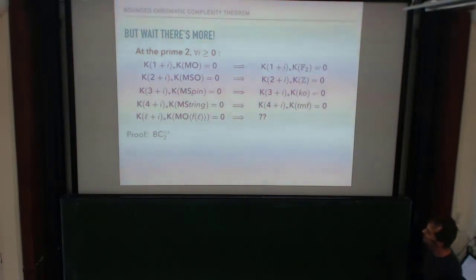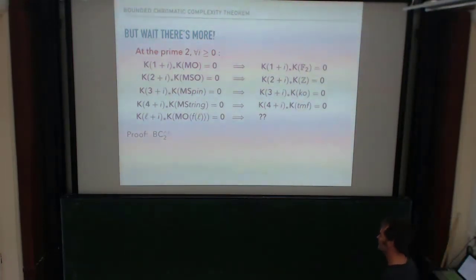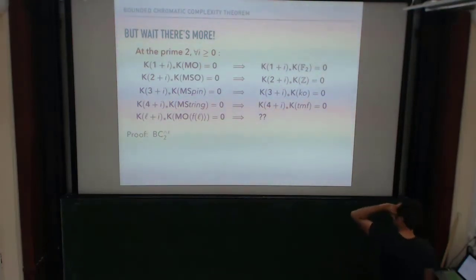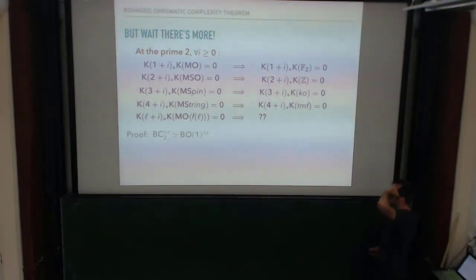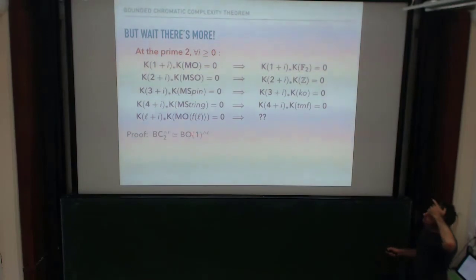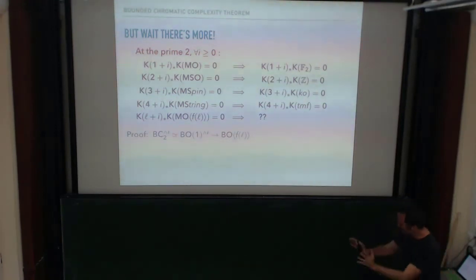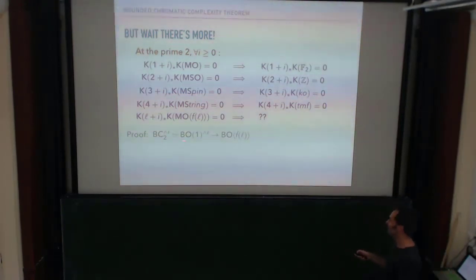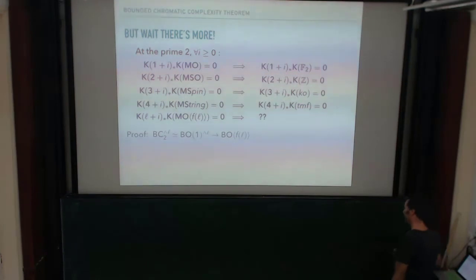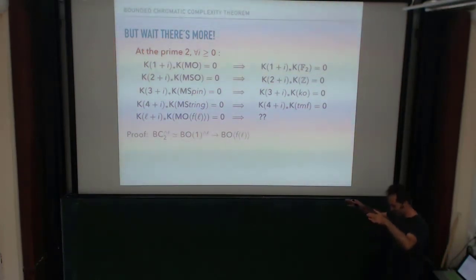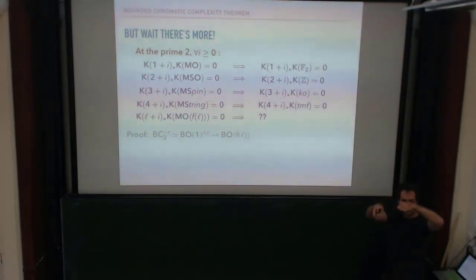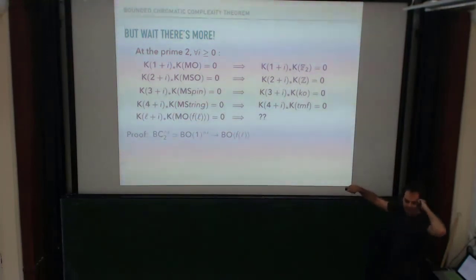If I take C2, this classifying space, so that's RP infinity, I could smash it together L times. This is just BO1, smashed together L times. Each of those maps into BO, but these are connected. So as you smash together these connected spaces, you get more and more connected source, and it lifts to a higher connected target.